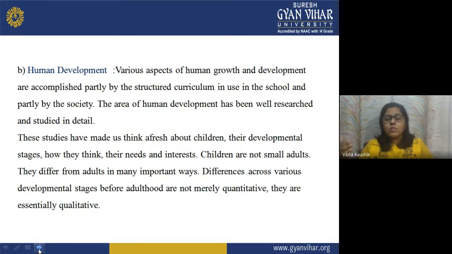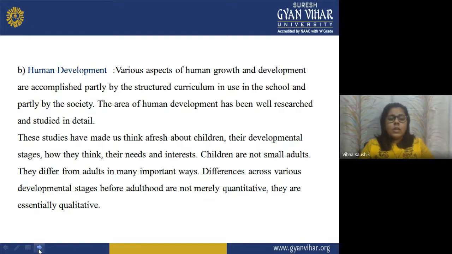What are the developmental stages of a child? As the developmental stages also affect the process of learning, how he or she is learning, how they think. The development process will also affect the manner in which they are thinking, their needs and interests. What are their specific needs and interests related to that particular age?